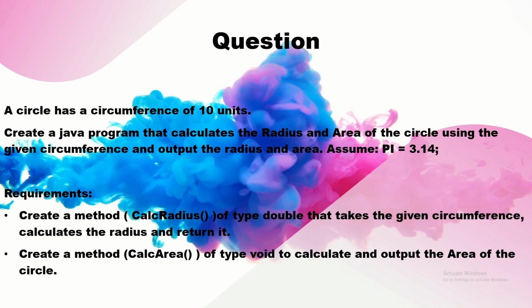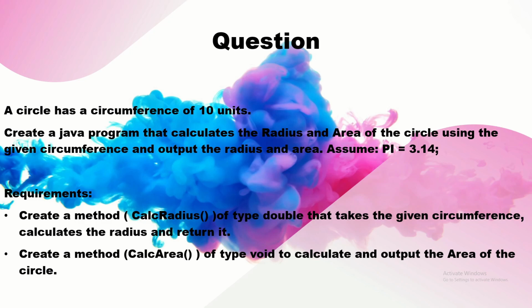The type double means it's going to be a double method, which also implies that you might need to return a value. When it says takes the given circumference, that means it's going to have a parameter of circumference, and calculates radius means that's what the method has to do, which is calculate the radius and then return it.